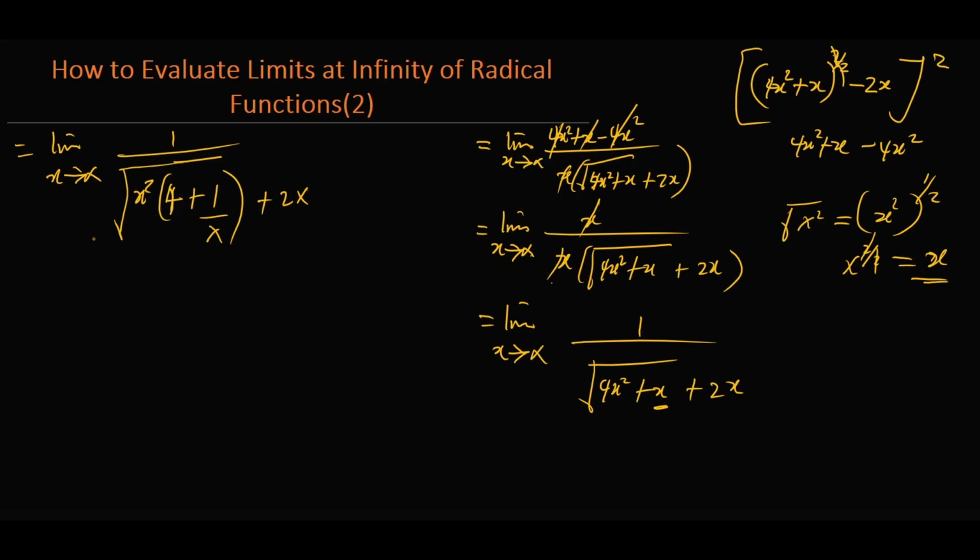So if we take this out here, what we have eventually is the limit as x approaches infinity of 1 all over x multiplied by root of 4 plus 1 over x, plus, now x is common here, so we just write 2, because x multiplied by 2 will give us 2x, so this is balanced.